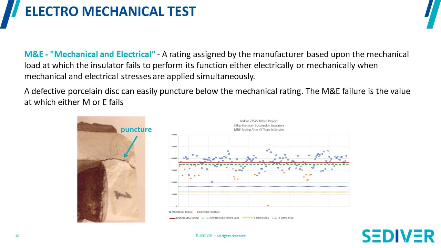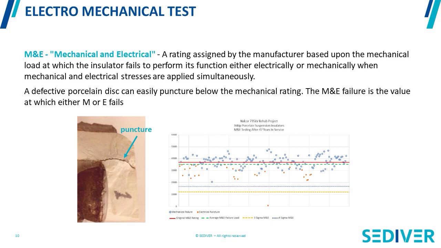And you see, and this is typical of old porcelain, that from a mechanical point of view they are typically still capable of holding a relatively good mechanical stress, but you have electrical risks because the porcelain body itself has aged and you have small cracks which just break under the M&E test.